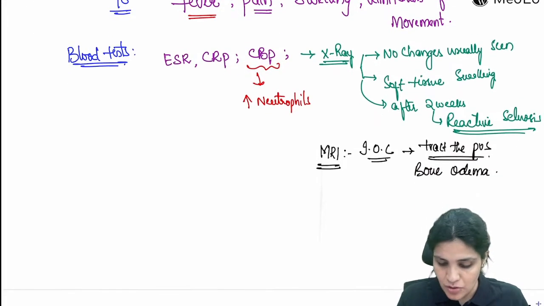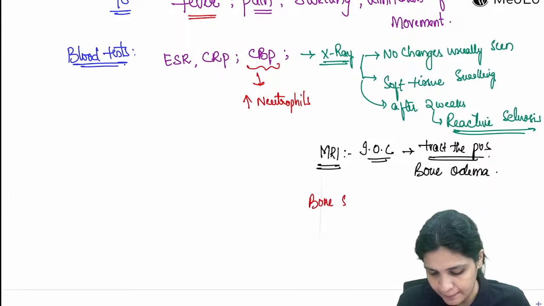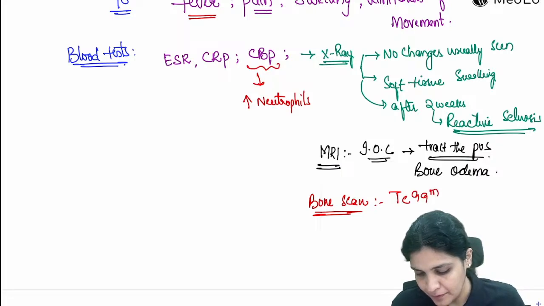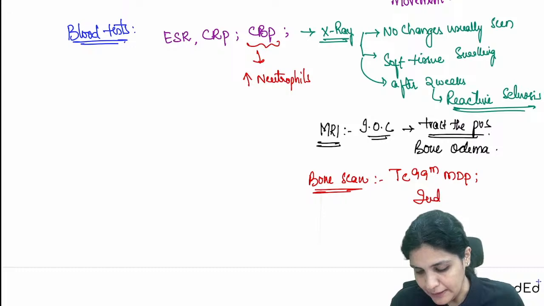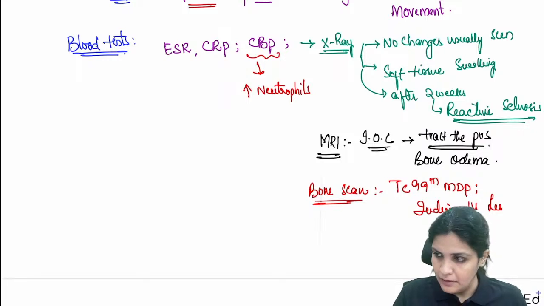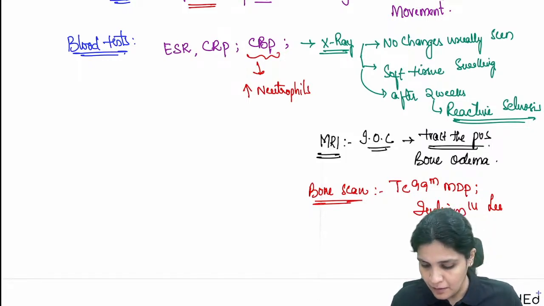And then you can also go for a bone scan with technetium-99m methyl diphosphonate, or indium-111, or gallium-67.